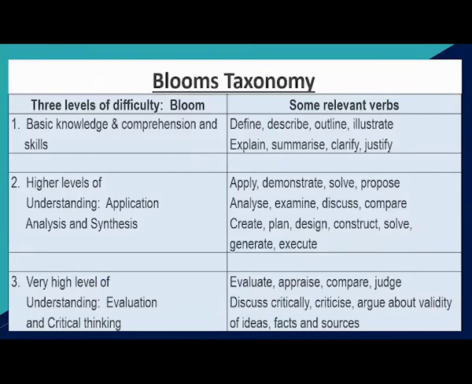When it comes to Bloom's taxonomy, Bloom's taxonomy only tells us the 3 levels of difficulty. It's basic knowledge and comprehension skills, it's application and analysis, and then evaluation and critical thinking. And we have to know what verbs we should use for which level when it comes to Bloom's taxonomy.